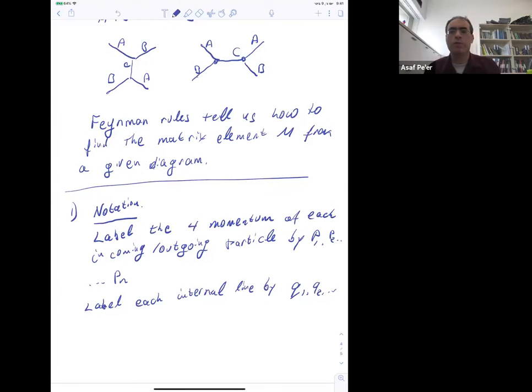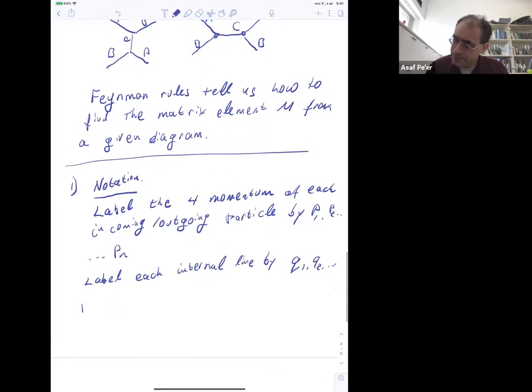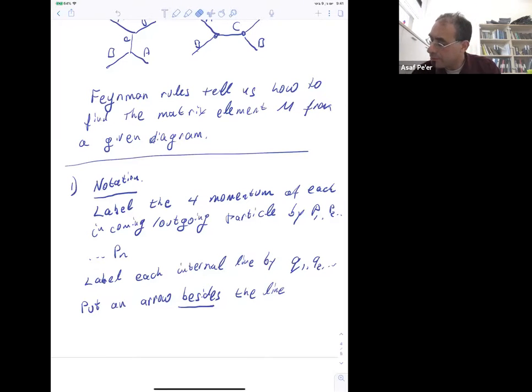This is not the same arrow that we put on the line to represent the charge, but it represents the positive direction of momentum, to keep track of the positive direction.